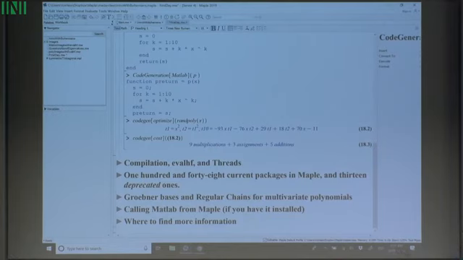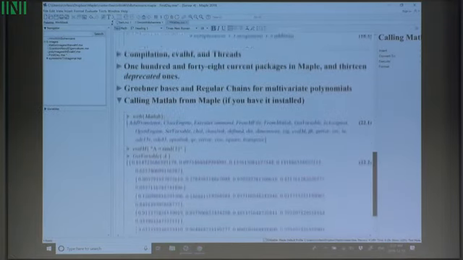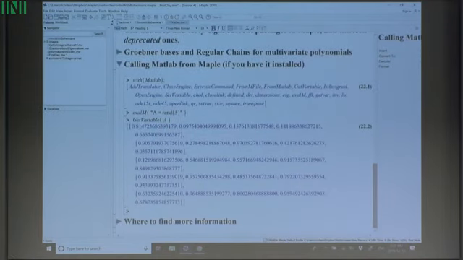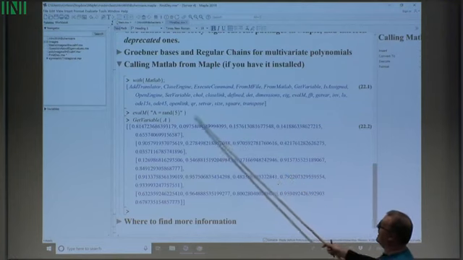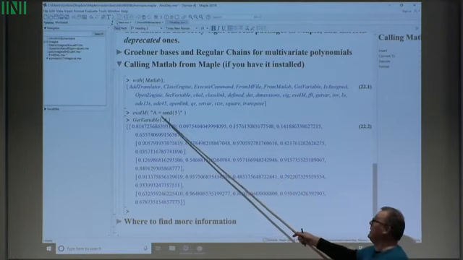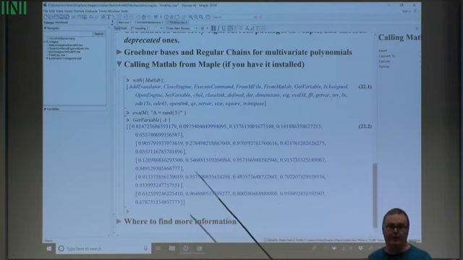I got asked about calling MATLAB from Maple. So we'll do that at the end here. If you have MATLAB on the same machine with a valid license, you can say with MATLAB, and evalM and give it a generic MATLAB command.